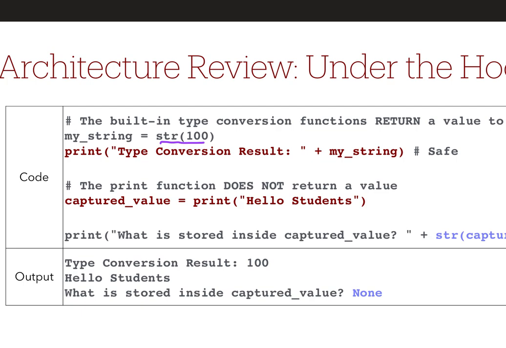So when I print this, then the type conversion result of 100 will be displayed. And if I call print with hello students, then hello students will be displayed on the screen when this right-hand side is evaluated.